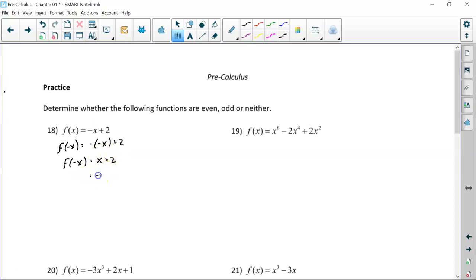If we factor out a negative, it gives us negative 1 times x minus 2. So it doesn't equal the original function. Oops, sorry, that's negative 1 times negative x minus 2. It doesn't equal the original, and doesn't equal negative 1 times the original, so that is neither even nor odd.